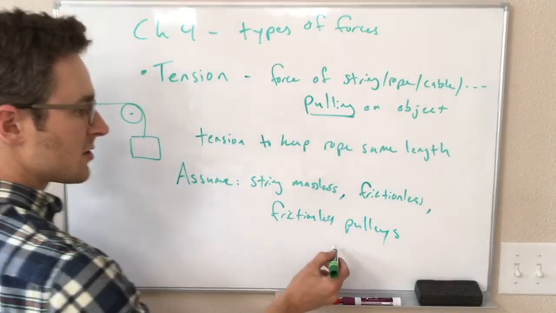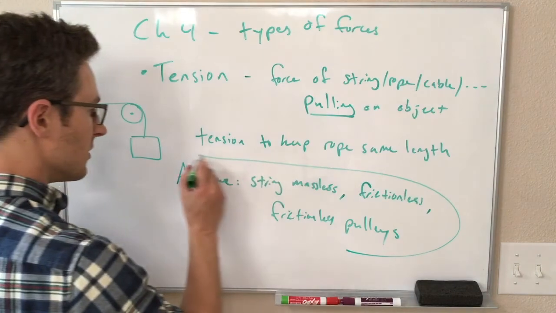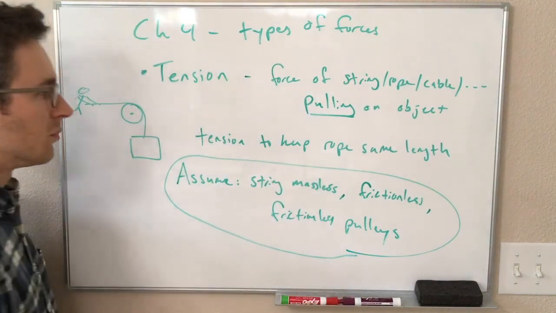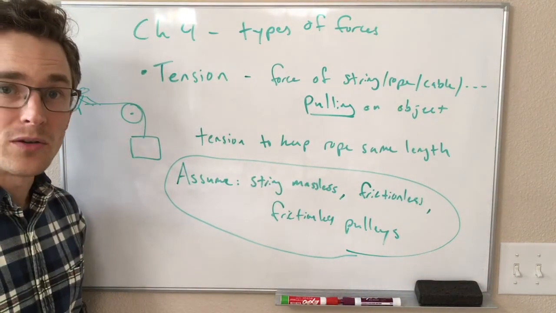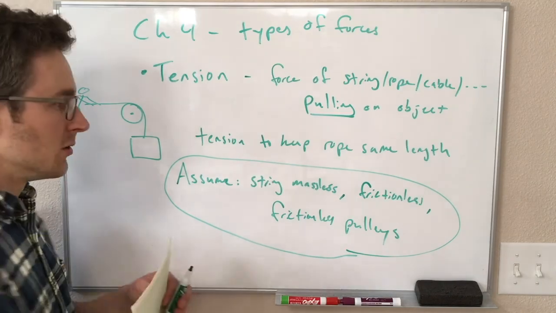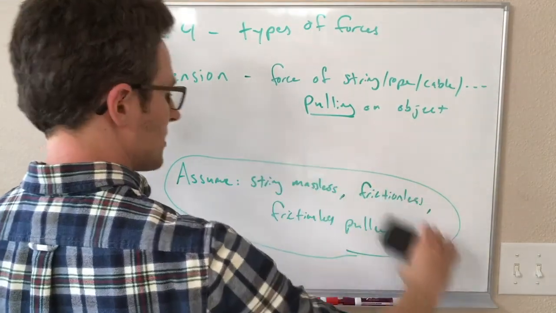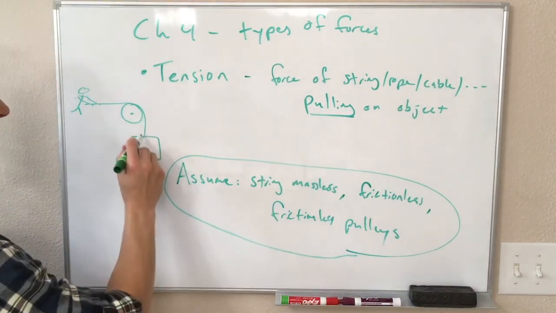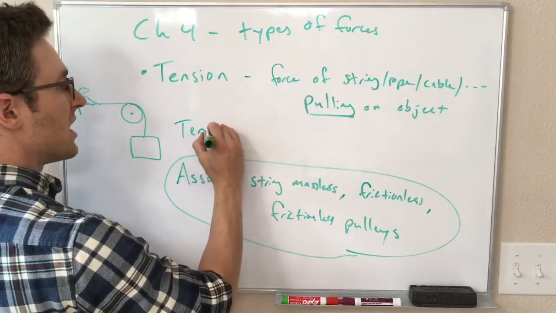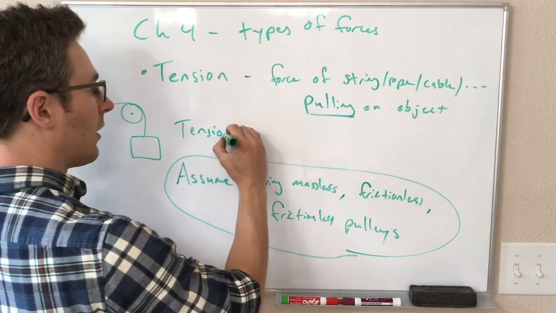And the result of all of these assumptions give us one important fact about tension that we are going to use, and that is for a particular continuous piece of rope, the tension is the same everywhere.